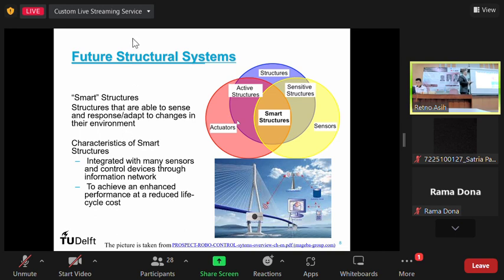So here is the overlap for smart structures. You need to have sensors and structures that are designed nicely to perform in a way that we have a good understanding of the structure in situ or online.